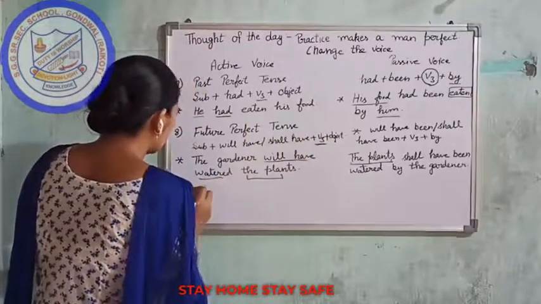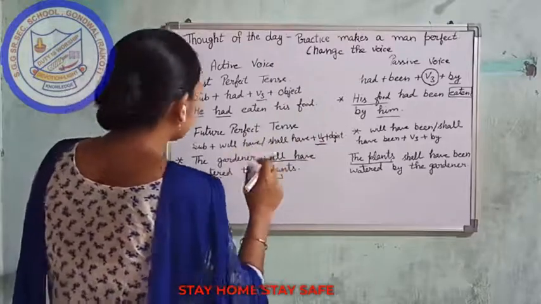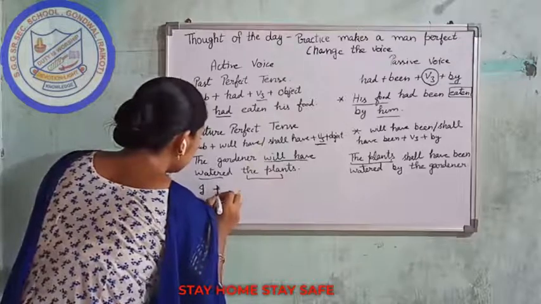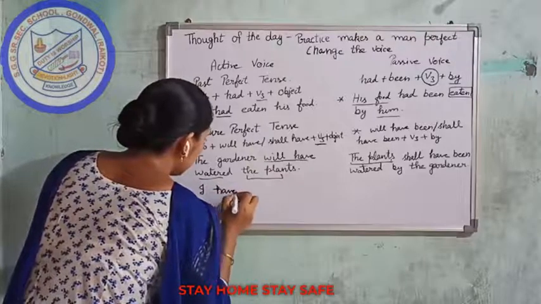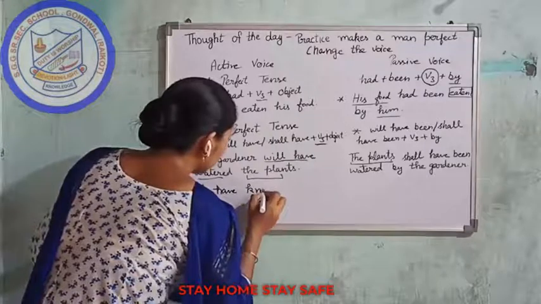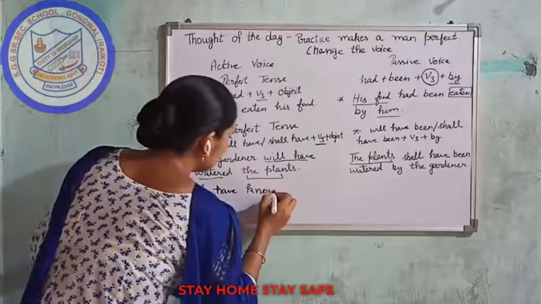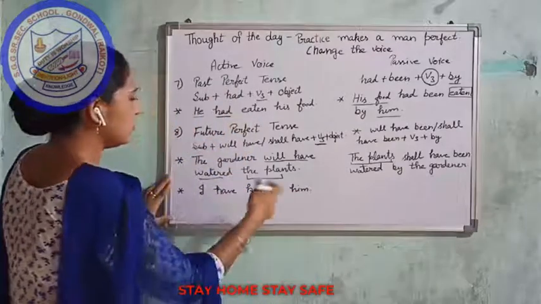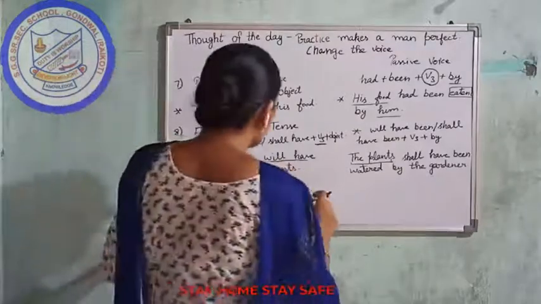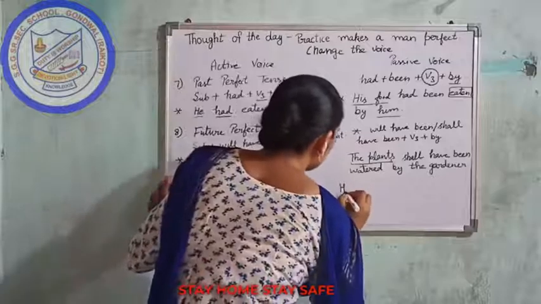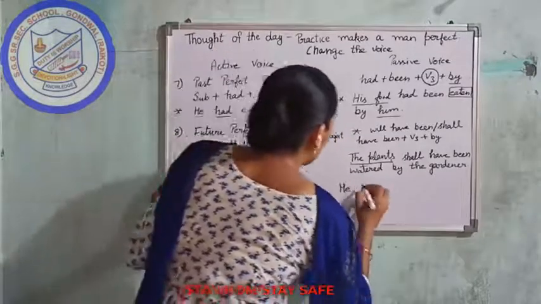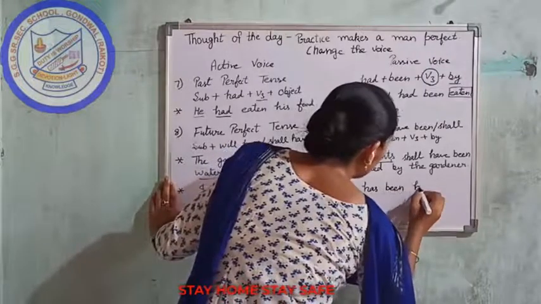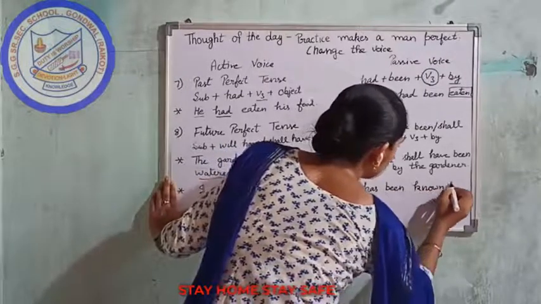Here is an example of a different preposition, like this. I have known him. Okay, I have known him. Then what is the answer? He has been known to me.